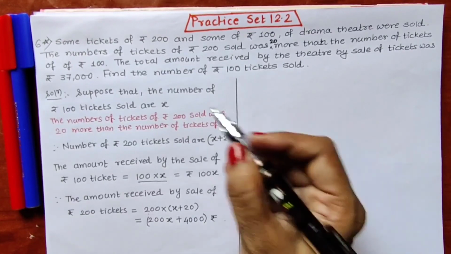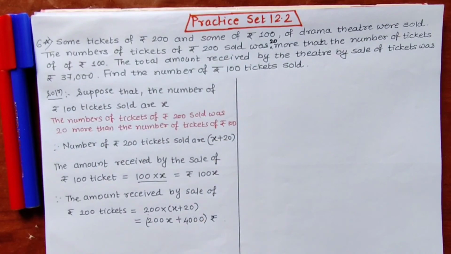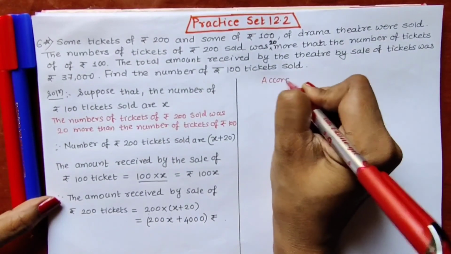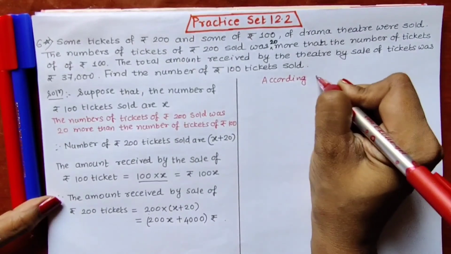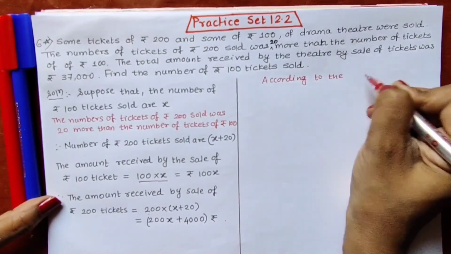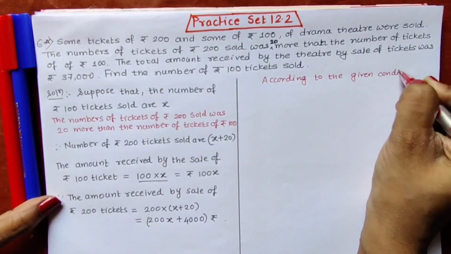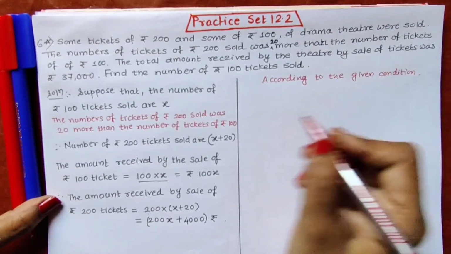Total amount received. So I will be writing this given condition. According to the given condition, what is the condition given to us?